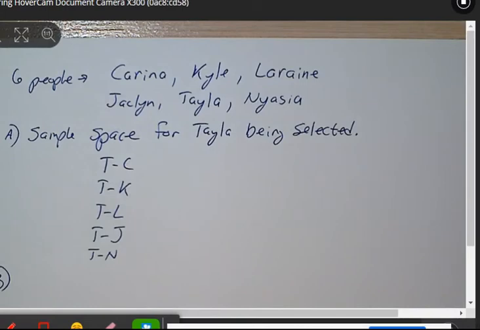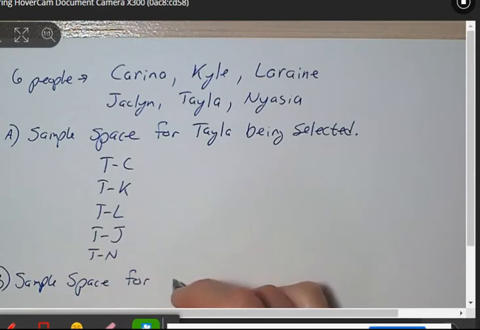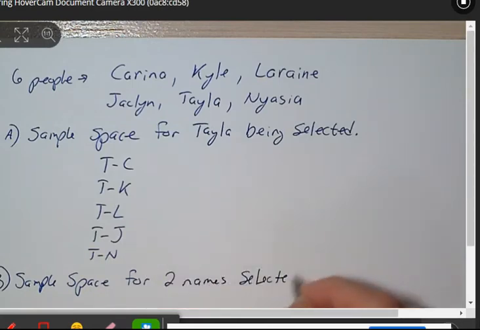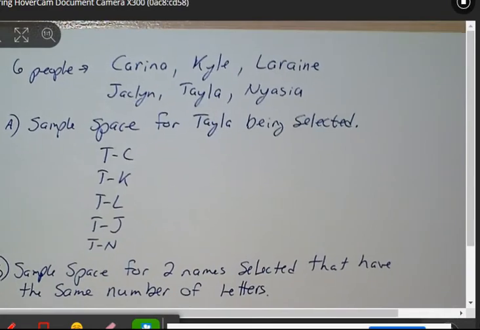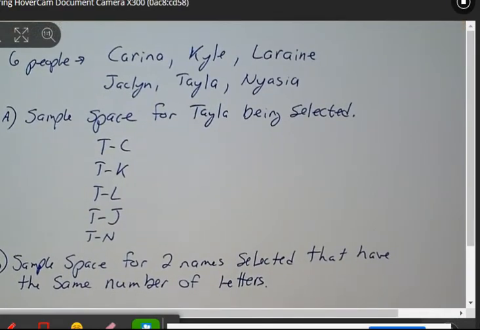Okay. And then the B part: 2 names selected have the same number of letters. So with that one, you're going to have to go back through with all the names of the people here and write out how many letters they have in their name.